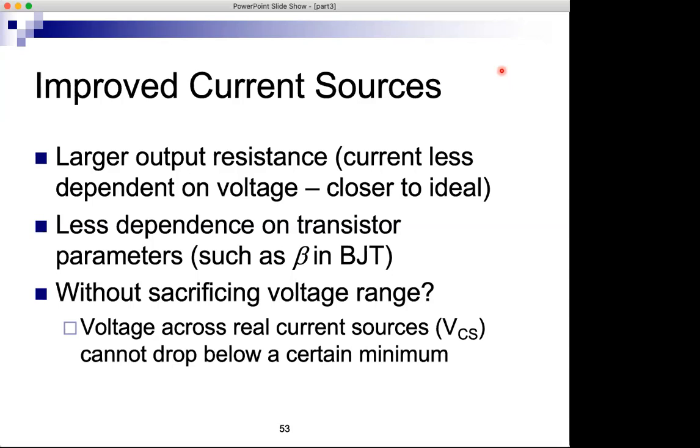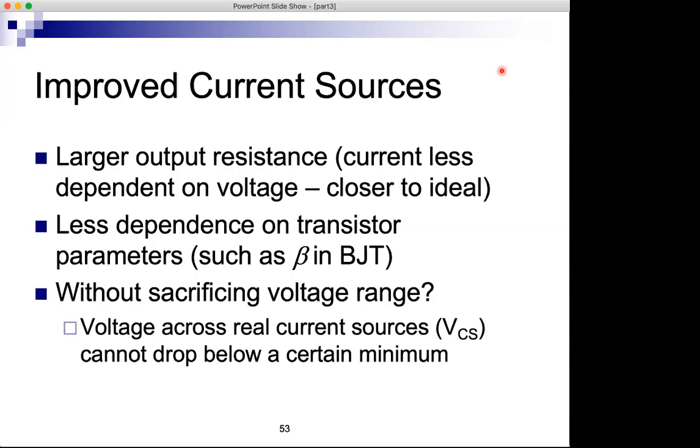But that's not a huge problem if beta is fixed. The big problem is that beta is not fixed, and it changes with many things. It changes if you change the transistor, changes with the temperature, the humidity, the age of the circuit, and the level of current. It's like a random variable, and we don't like to see it there in the equation.